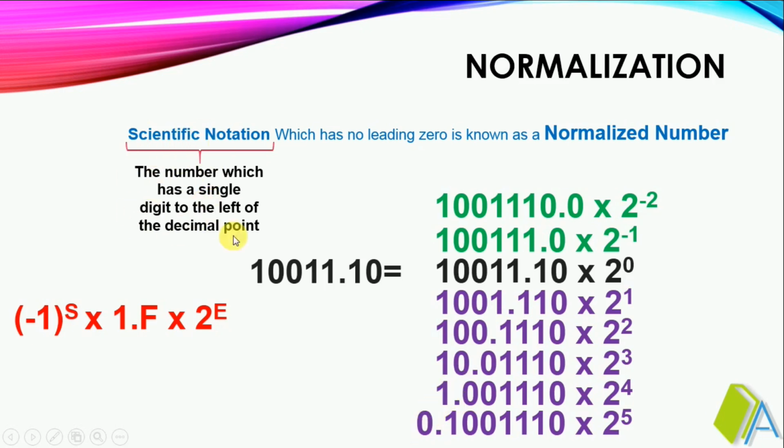According to the scientific notation concept, these two come under the scientific notation category. But according to the normalized number rule, it should be a scientific notation, but it should not contain a leading zero. The meaning of this is the digit at the left of the decimal point should not be a zero.